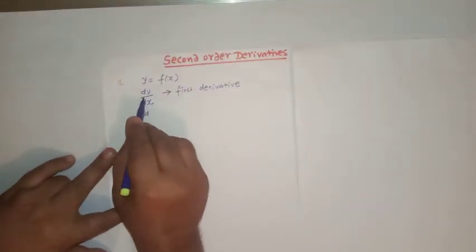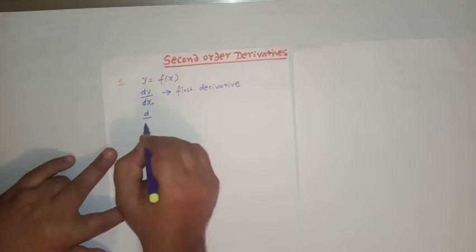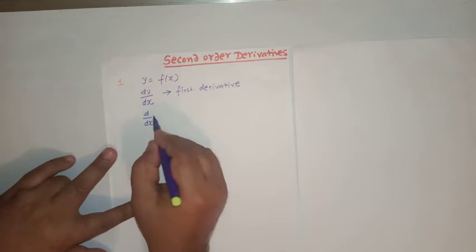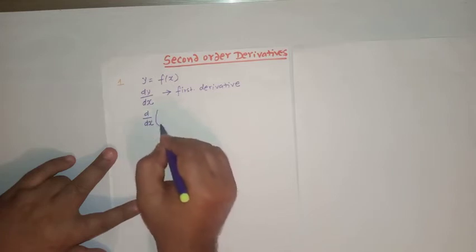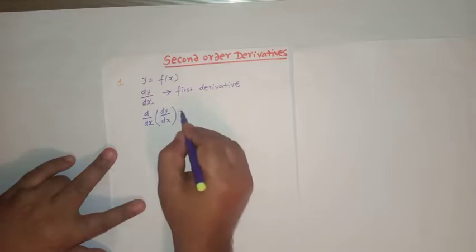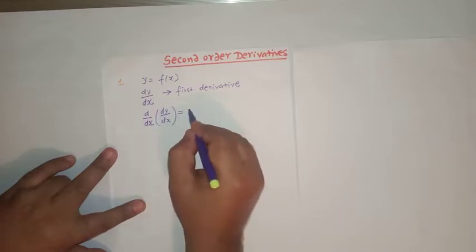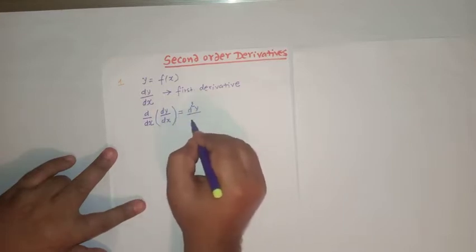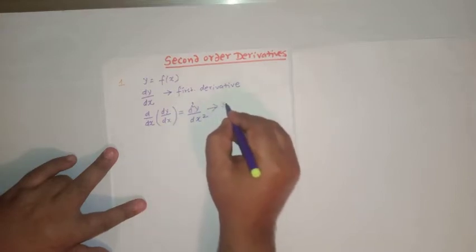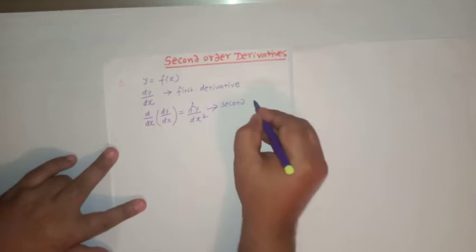If we differentiate dy over dx one more time, that is, if we find d by dx of dy over dx, then this can be written as d2y over dx2, and this is known as the second derivative.